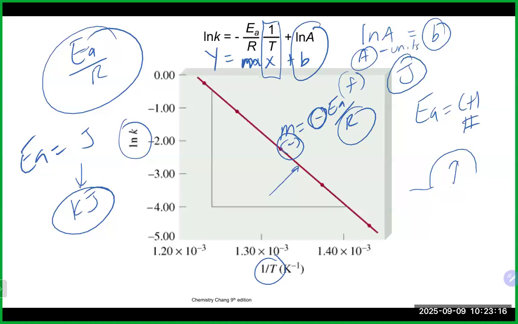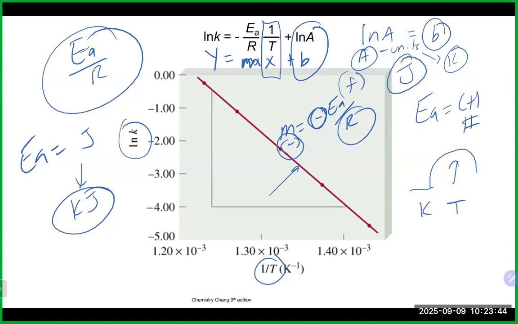The units associated with the frequency factor are typically the units that are associated with the rate constant. So if you have to solve for the frequency factor through a graph, it is typically the same units as you have for the rate constant. And typically, if you were going to use this in a graphical sense, you most likely will have a table given to you of k values and temperature values.